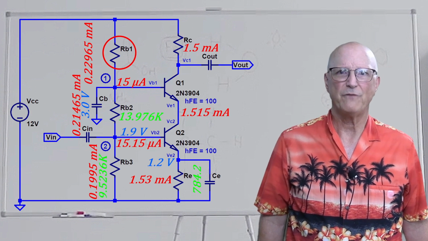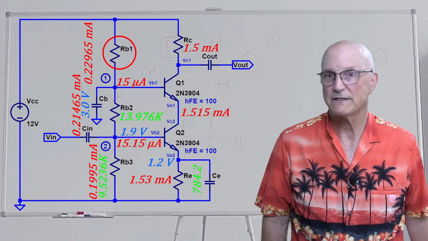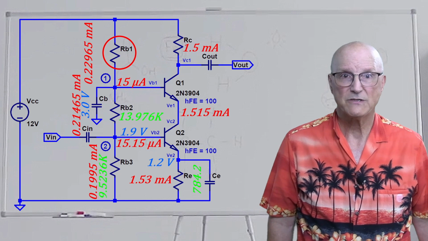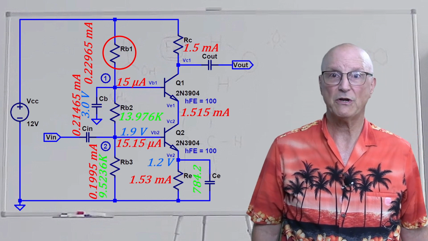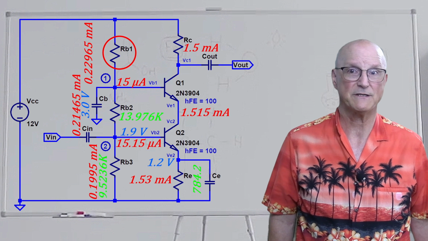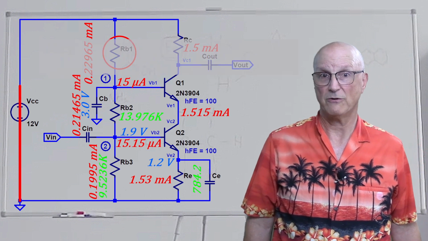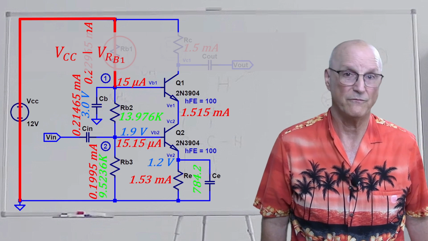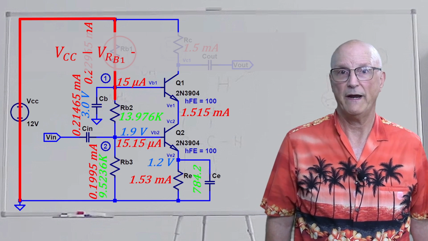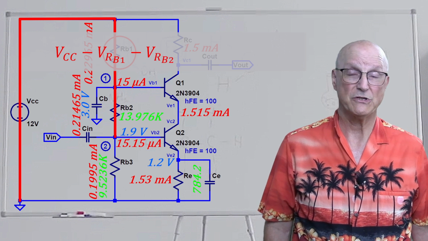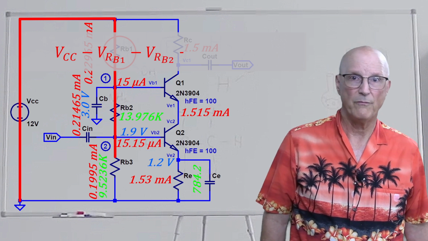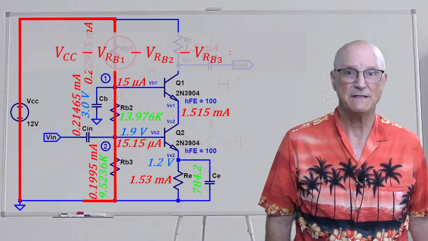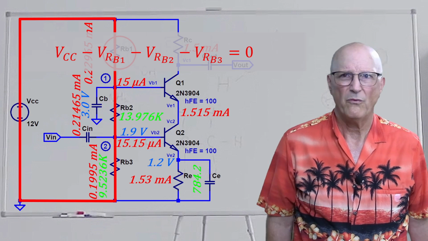Now, let's turn our attention to Rb1. We need to know what the voltage drop across Rb1 is so that we can calculate the value of Rb1. To find this, we will write the Kirchhoff's voltage equations around the base bias loop. And we get that the power supply voltage, VCC, minus Vrb1, the voltage across Rb1, minus Vrb2, the voltage across Rb2, minus Vrb3, the voltage across Rb3, is equal to 0. So what do we know?